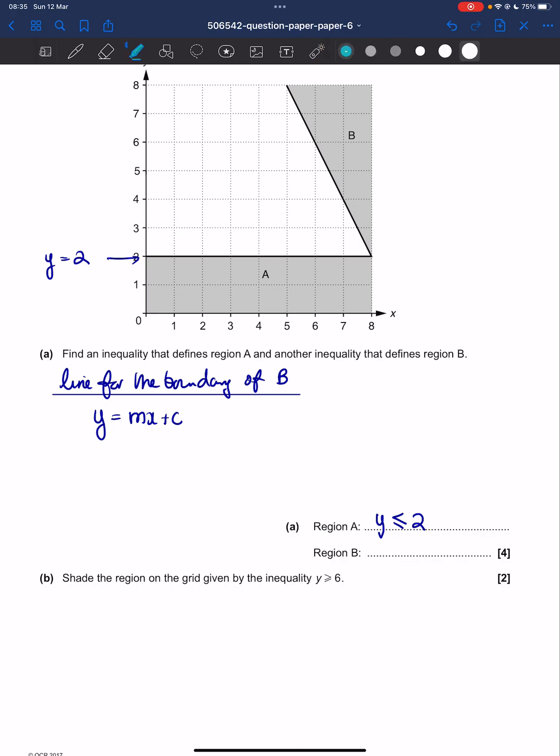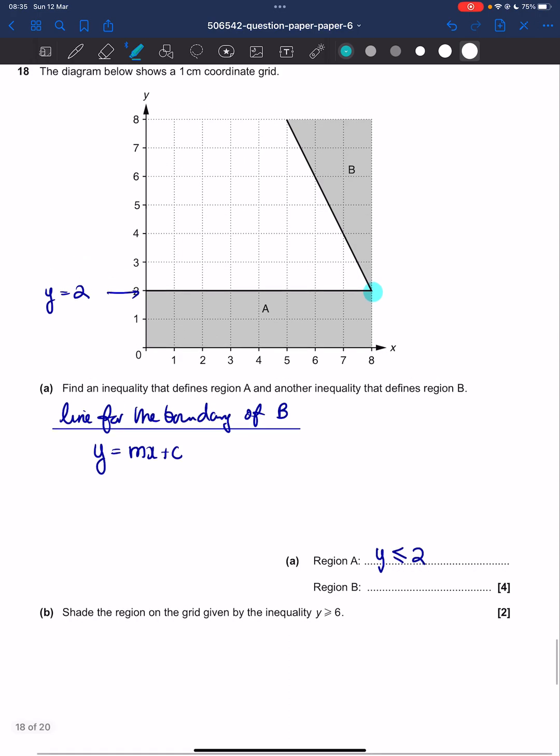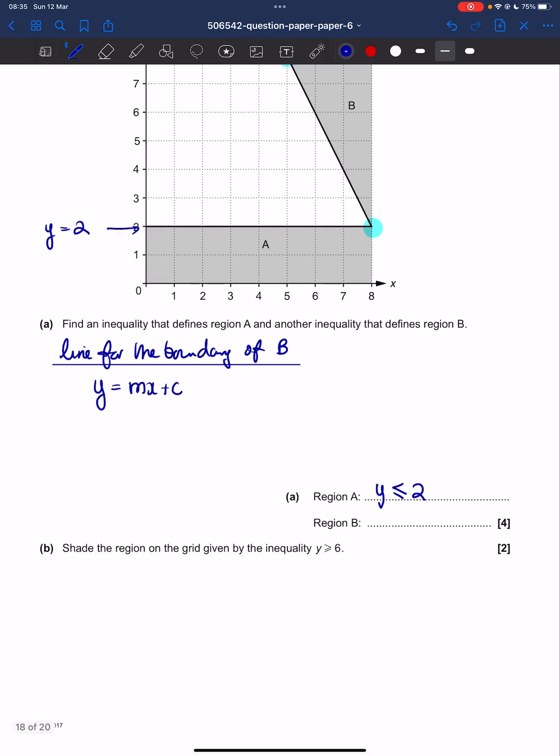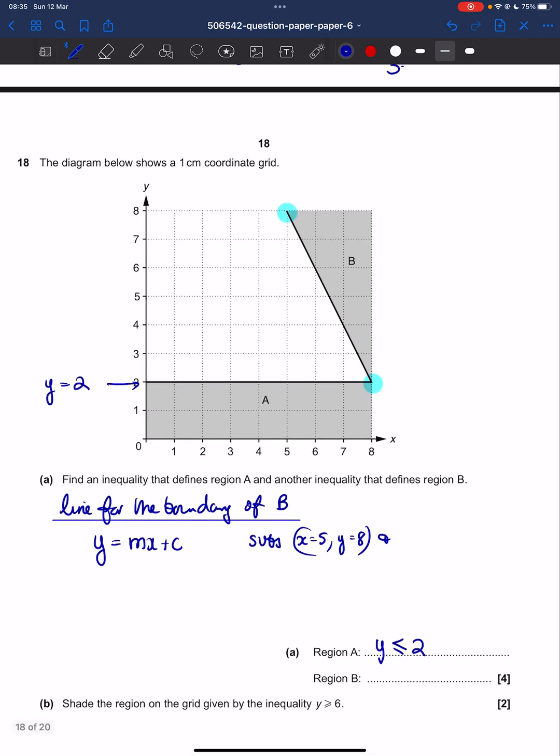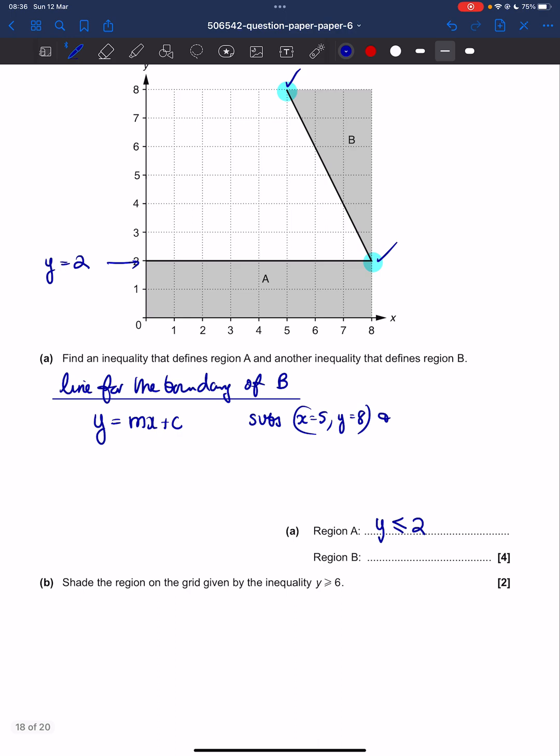This line goes through x is 8, y is 2, and x is 5, y equals 8, and then it's simultaneous equations. So if we substitute x is 5, y is 8, and x is 8, y is 2, we've got 8 is 5m plus c, and then 2 is 8m plus c.